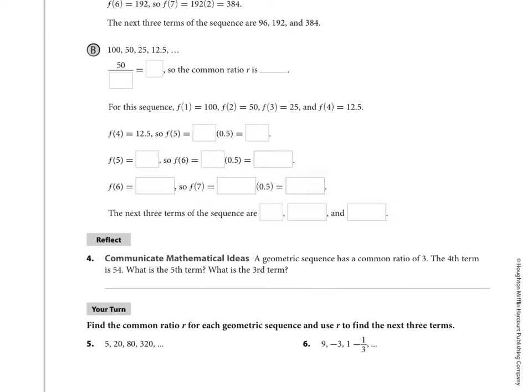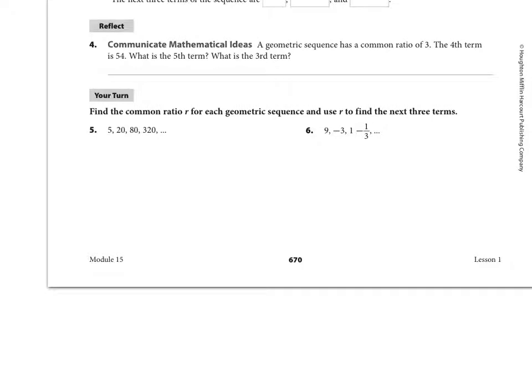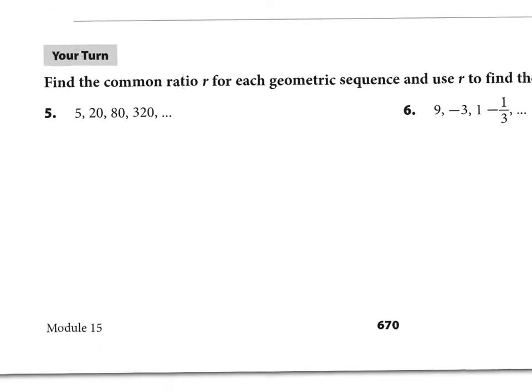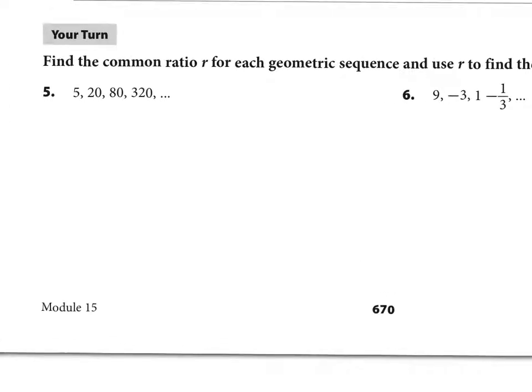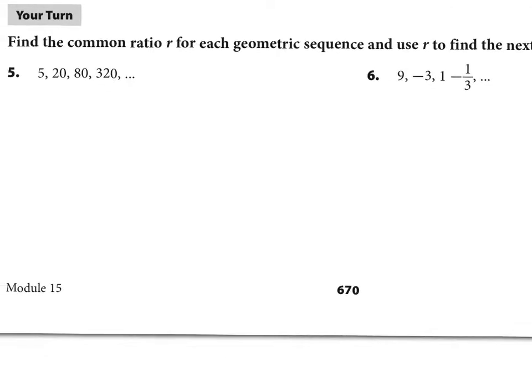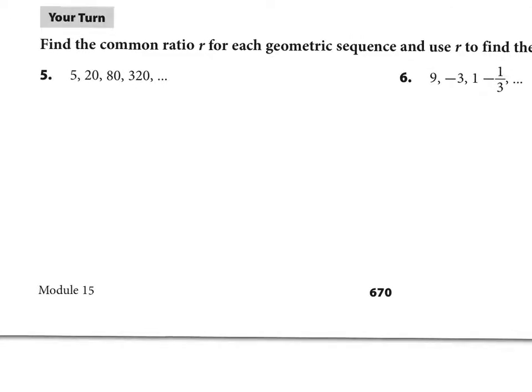So let's look at these Your Turn problems here. It says find the common ratio r for each geometric sequence and then use r to find the next 3 terms. We're going to look at some notation here as well. It's very similar to arithmetic. In some cases it's easy to see, like here we know it's multiplied by 4.